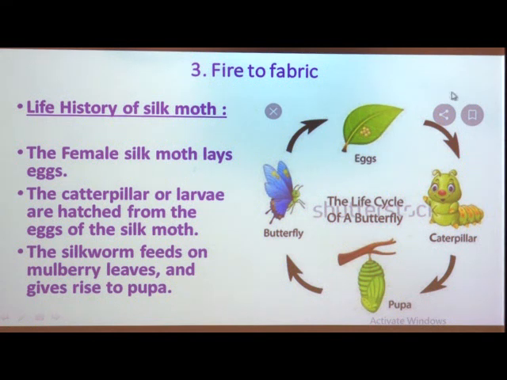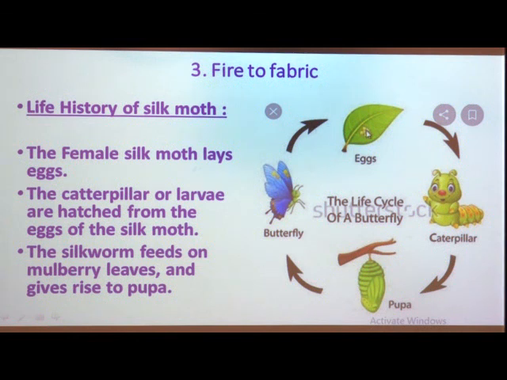So these eggs are going to grow or change into a caterpillar. The caterpillar or larvae hatch from the eggs of the silk moth. When the female silk moth lays eggs on mulberry leaves, from these eggs the caterpillar or larva, which means the initial stage of the worm after birth, is called a larva.